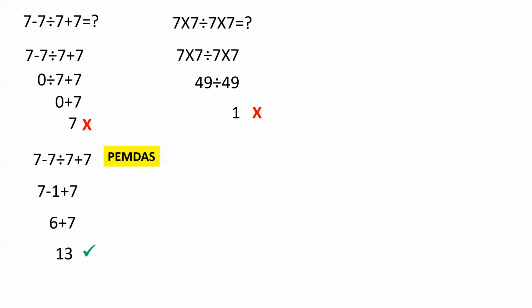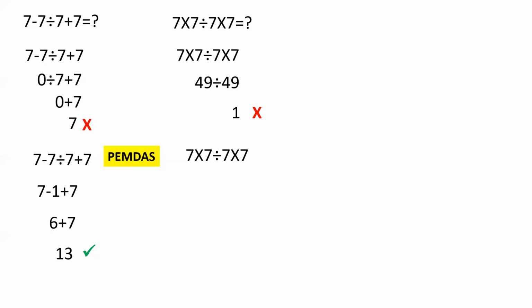So why is that? This is because when the expressions have operations that are only multiplication or division, then our best approach is to go our natural way of evaluating the expressions from left to right in that sequence.